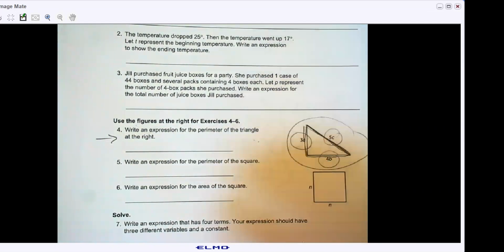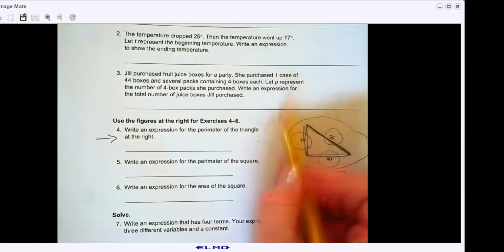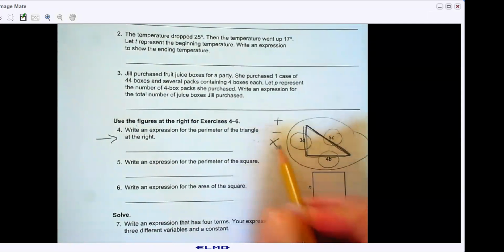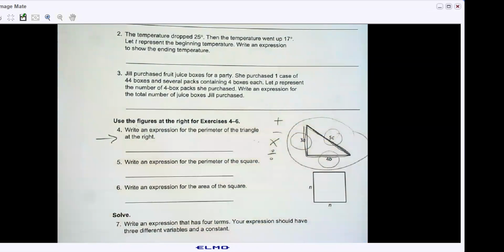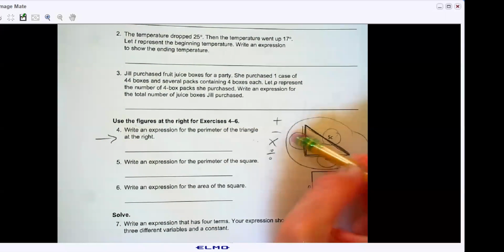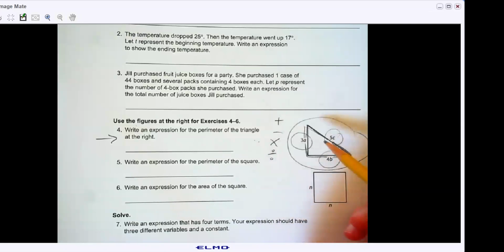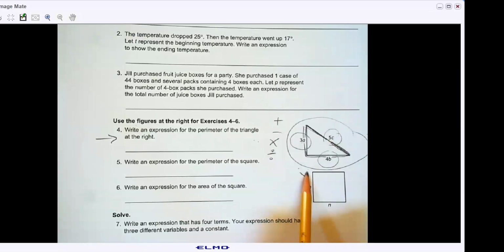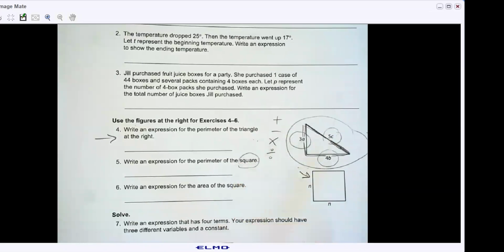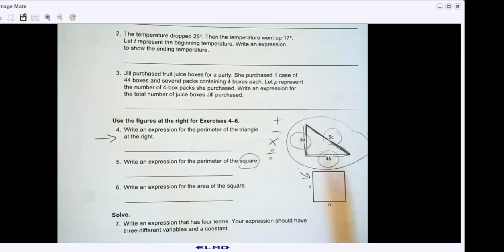When you hear me say the word and, am I gonna add, subtract, multiply, or divide? Multiply? Good guess. I'm gonna go with no. I can multiply this one because I know they're all the same because this is a square. But this triangle, these sides don't look the same. Then add. Yeah, you're right.